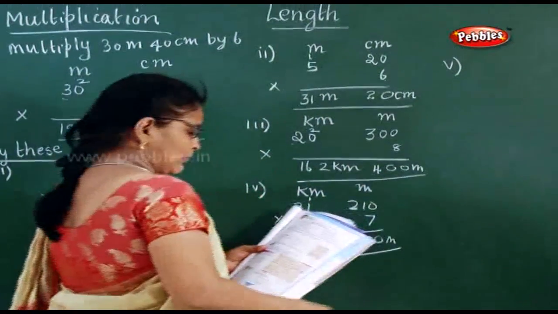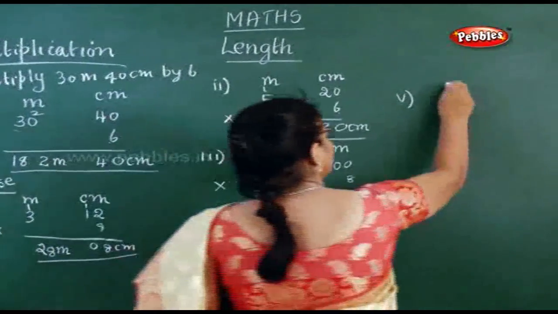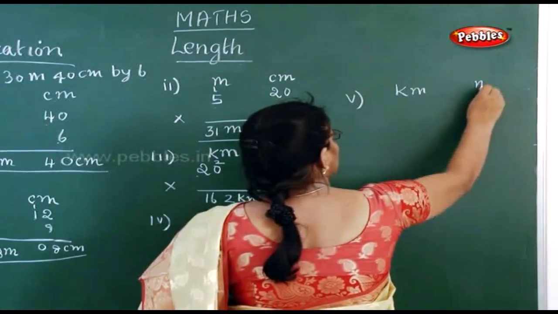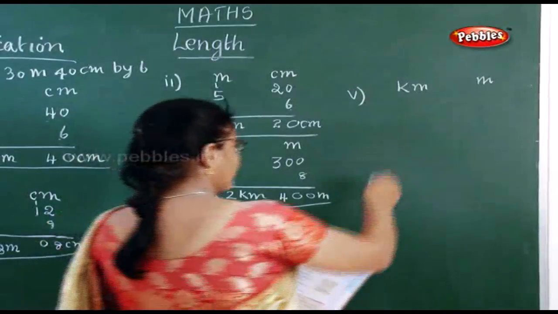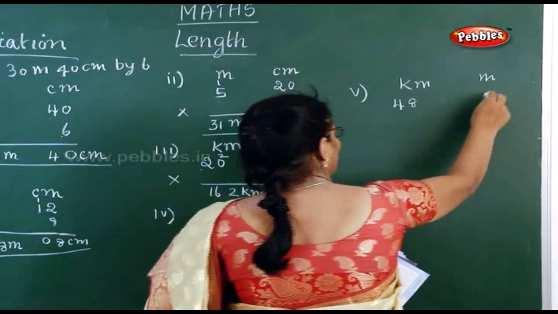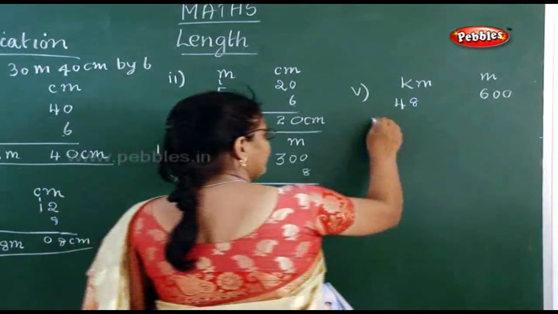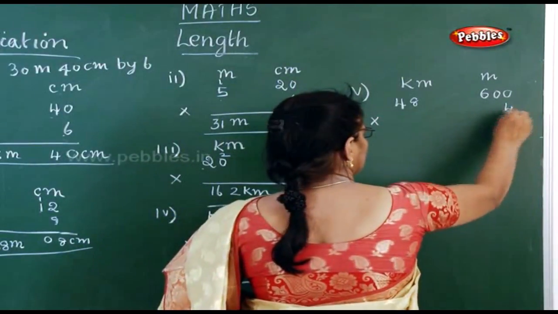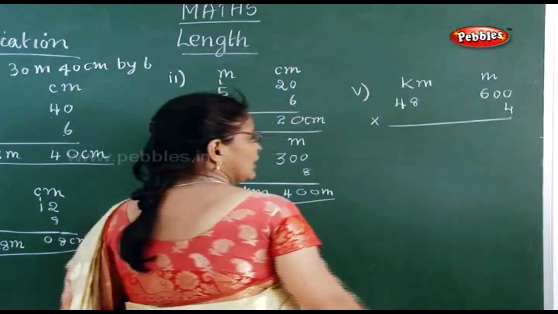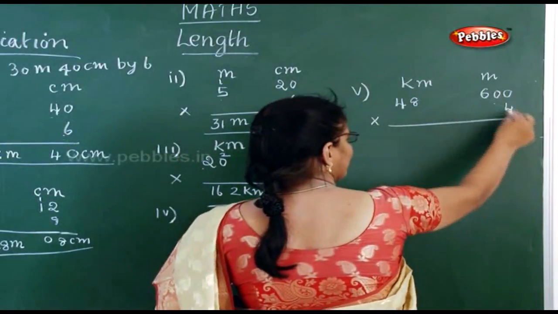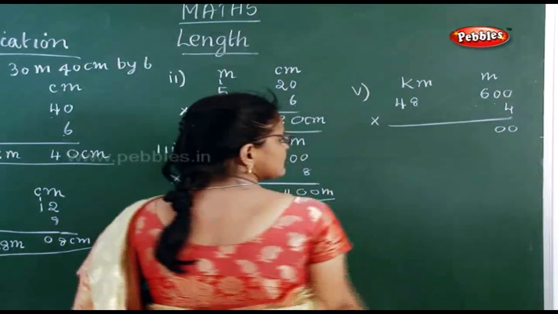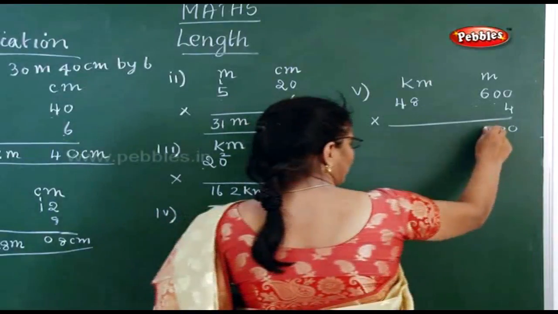What is the fifth sum they have given in your book? Kilometer and meter again. What is kilometer here given? 48 kilometer. And how many meter? 600. Am I right? 600. Multiply with what? 4. Is it clear? Multiply with 4. Now 0 4s are 0. 0 4s are 0. 6 4s are 24.